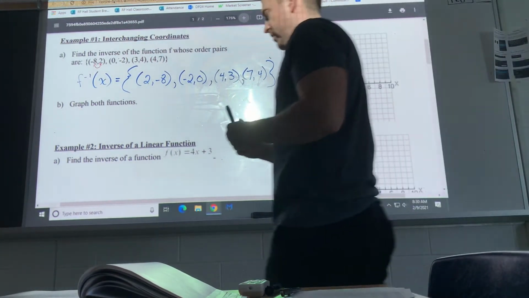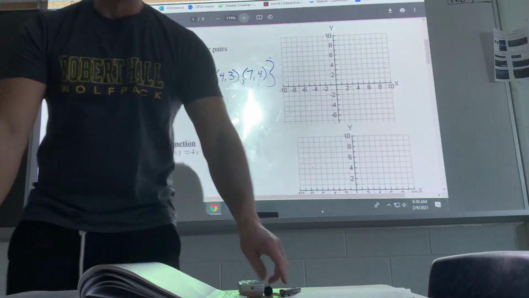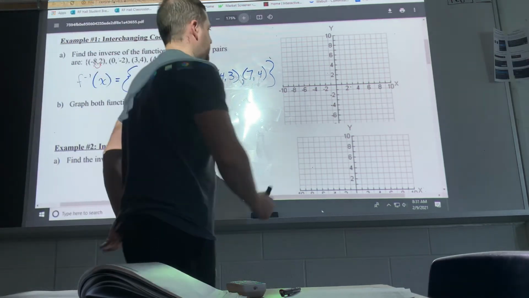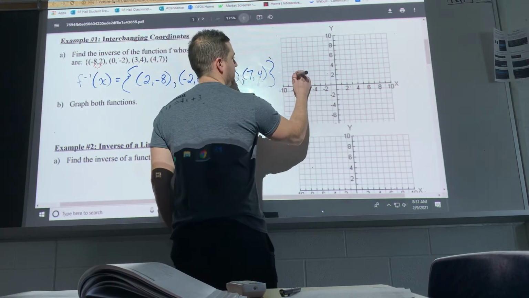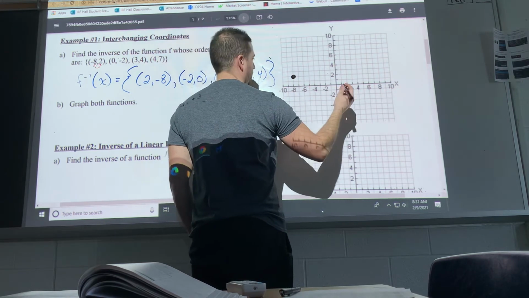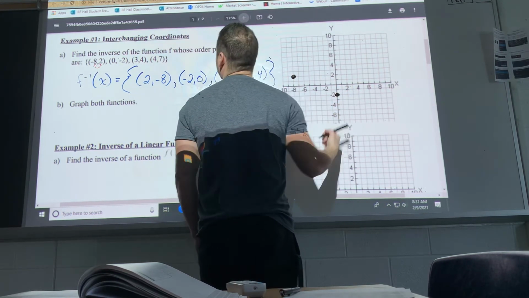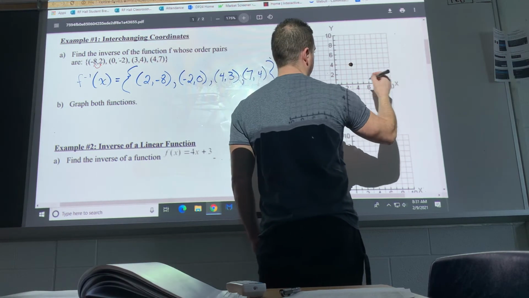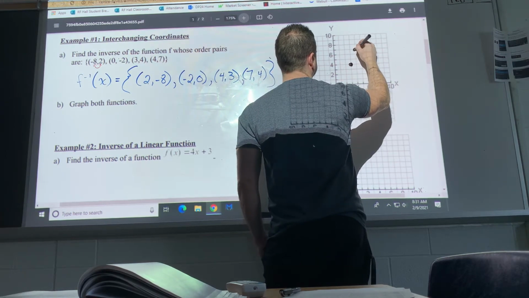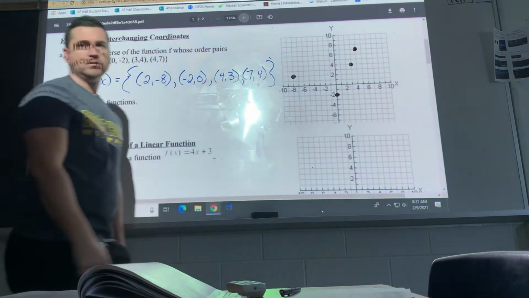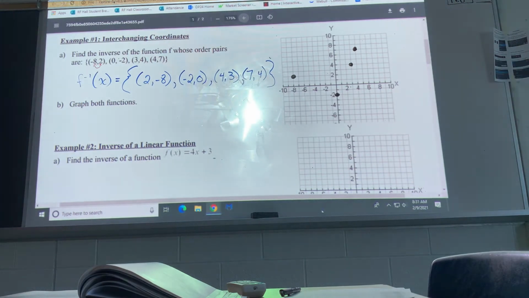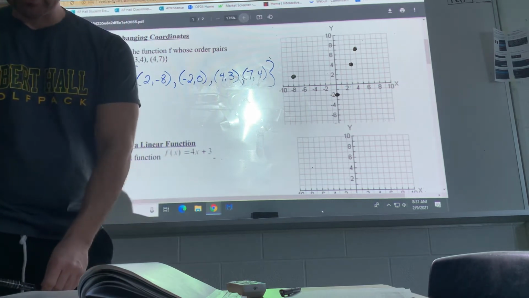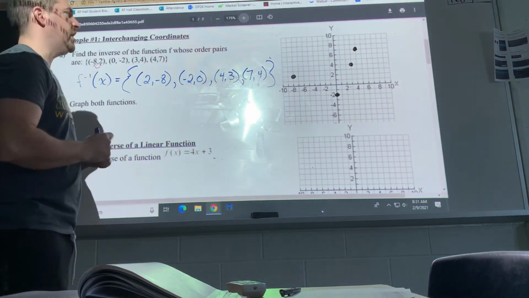Okay, so now we're going to graph them. I'll do them in two different colors: the function in black, and the inverse in blue. We're just plotting the points. (-8, 2), (0, -2), (3, 4), (4, 7). Those are the points for the function, and now I'm going to do the points for the inverse.